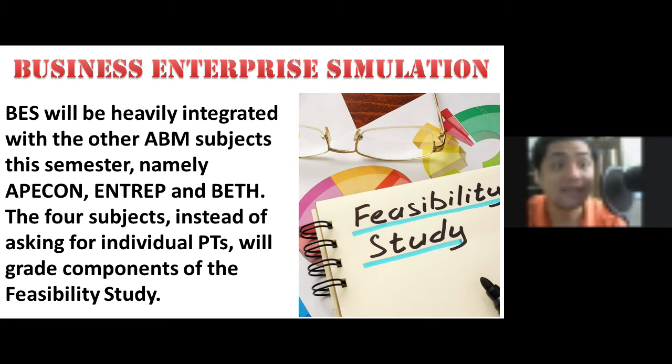Sir Burns. Sorry, Sir Burns. And then ethics, it's also Sir Burns, right? Yes, sir. Thank you. Because I have the help of all of these subjects, APECON, ENTREP, and ethics, whatever time they give for your PT can also go into one paper.